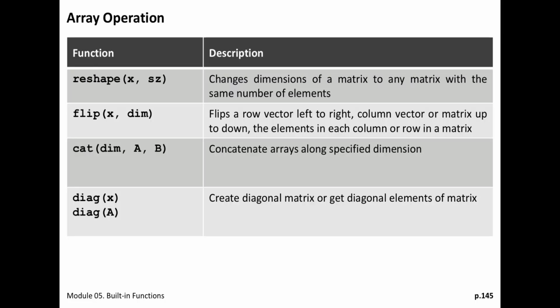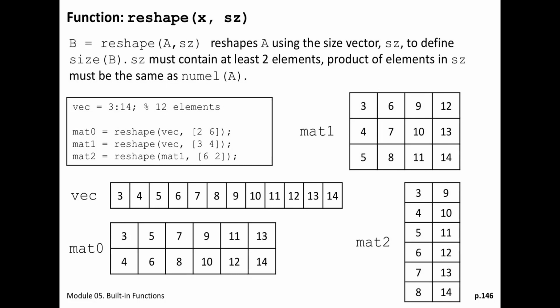I'm going to introduce some array operation built-in functions. Some of them were already introduced in the previous lectures or the tutorial. Reshape. Reshape is to change the size of an array or vector. You can reshape or change the size of the array if the number of elements in A and B is the same.